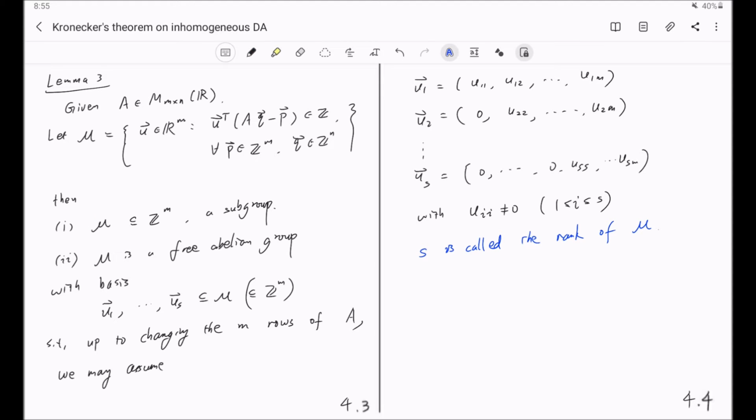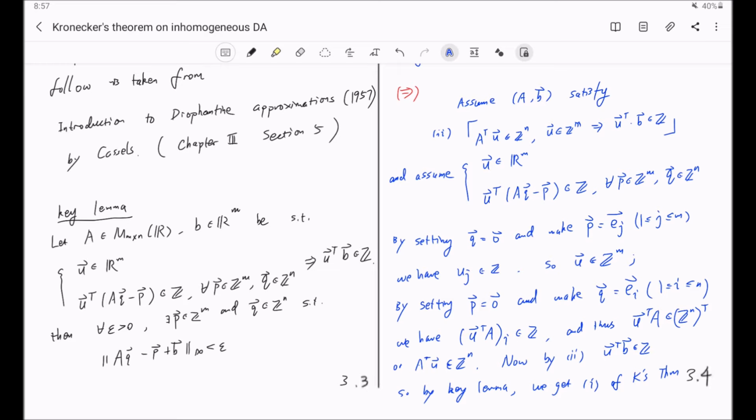Part 1 should be obvious to you. Why must any vector in M be integer valued? As a matter of fact, this is already shown in our key lemma above, in particular this part.